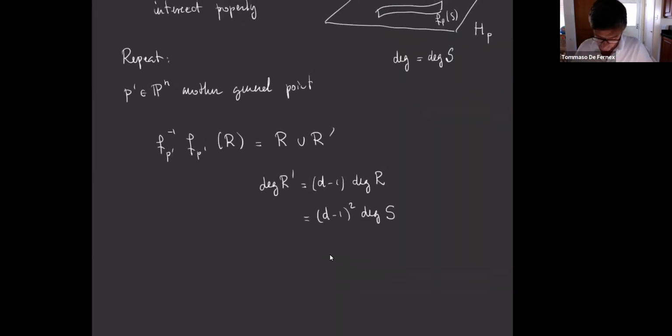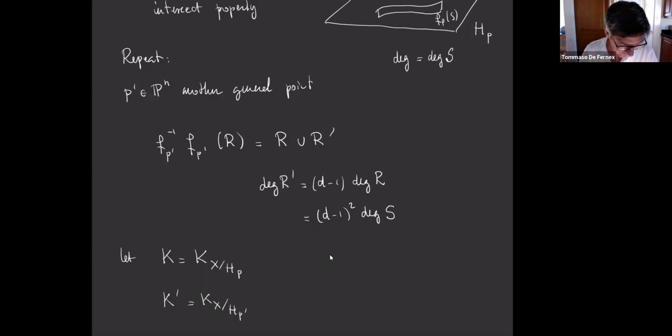Okay, so I'm going to let K be the ramification divisor for the first projection, and K prime the ramification divisor of the second projection.